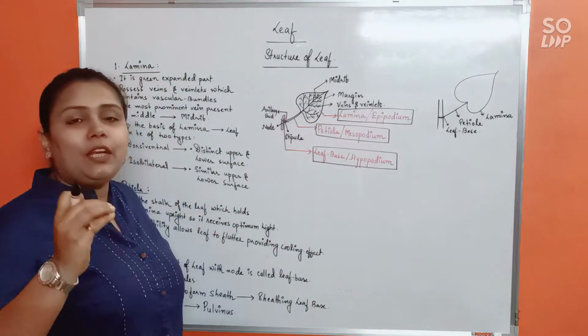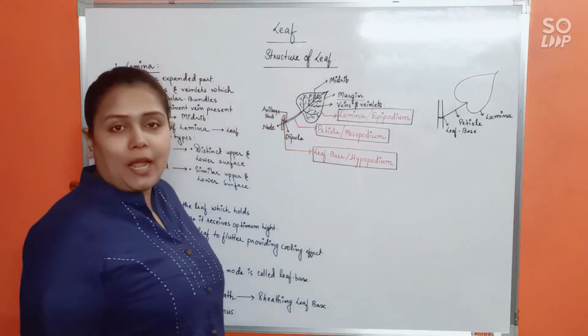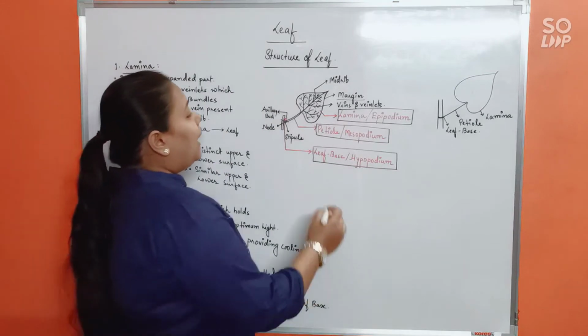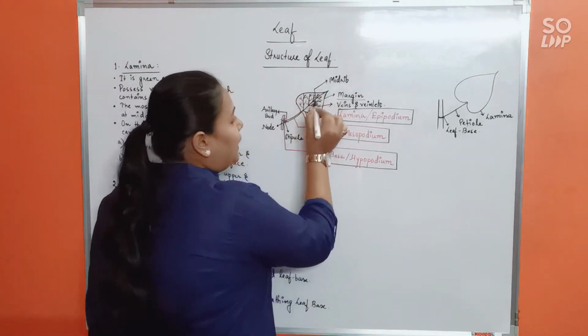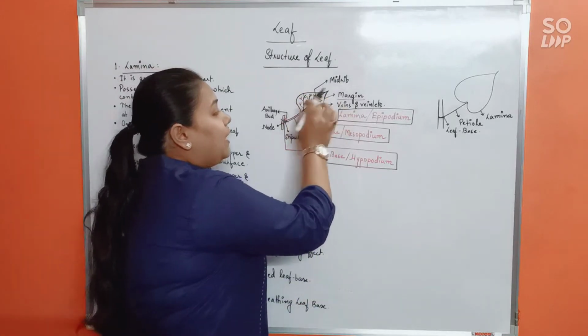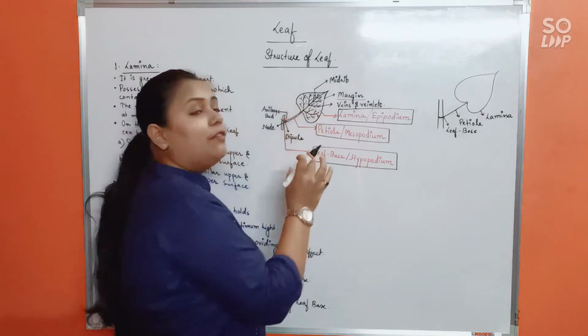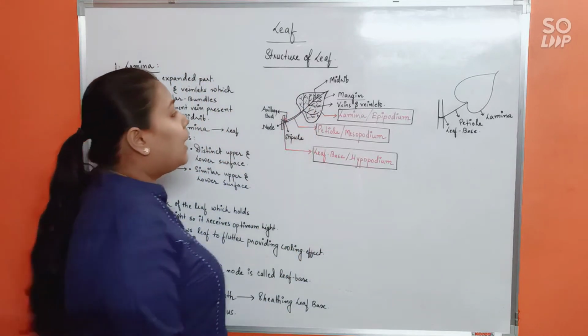The outline of the lamina is known as the margin. And also, if you can see properly here, in the lamina there are many veins and veinlets. These branch structures that are present are veins and veinlets, right?